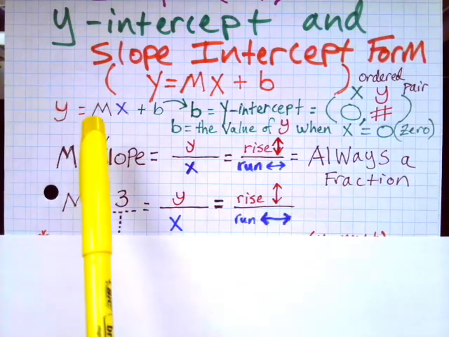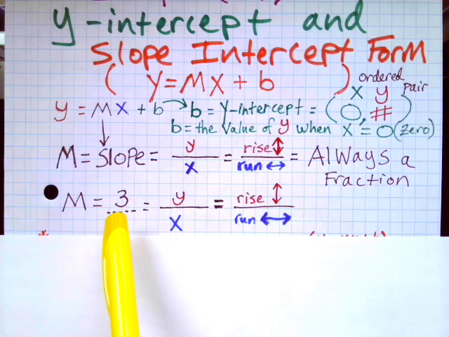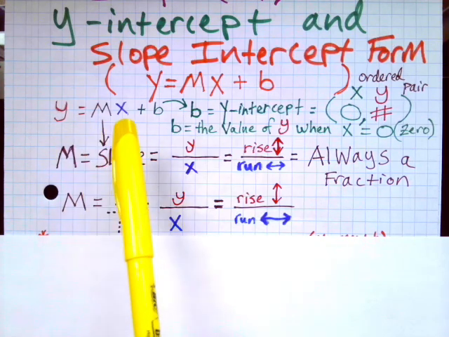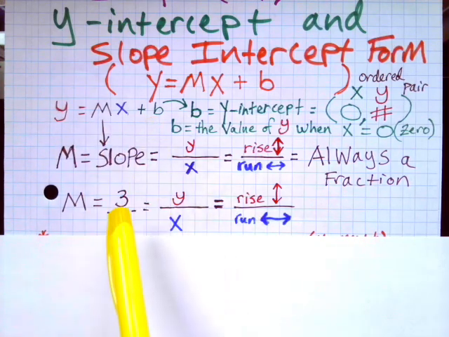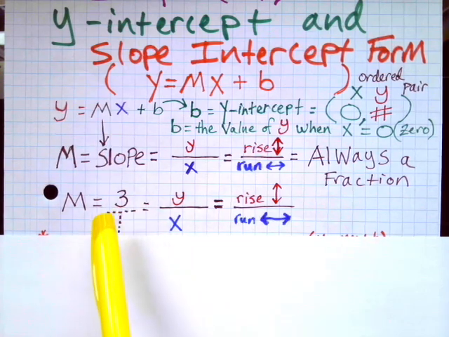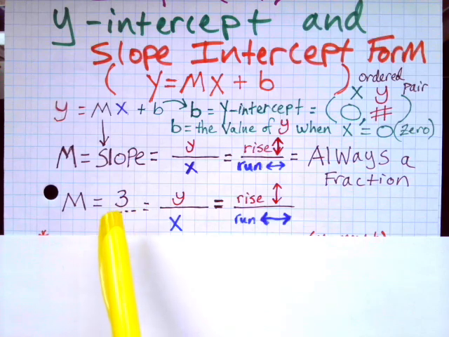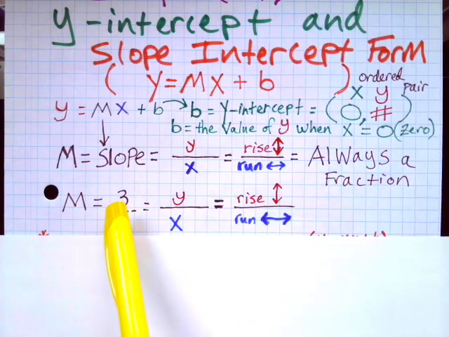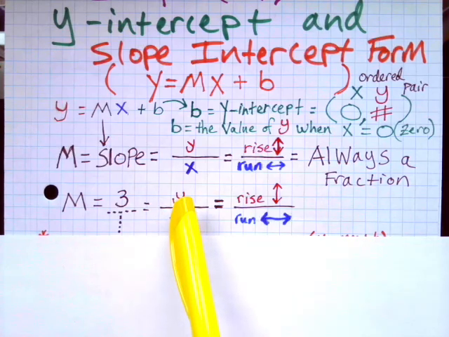So if this m value in an equation, let's say, is 3, y equals 3x plus 2, let's say that m value was a 3. Well, again, there's an invisible 1 underneath that whole number unless there's another number assigned to the denominator's place. There's always an invisible 1. So in this case, the slope is 3, representing y.